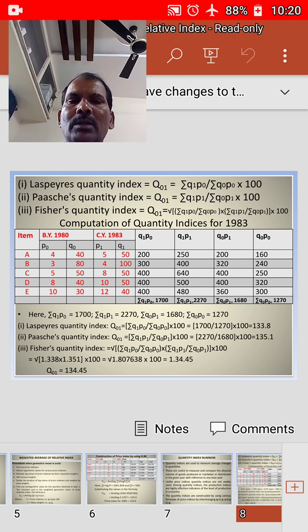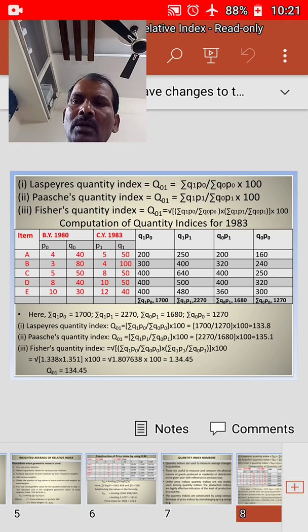Now Q0 P1, that is quantities of base year multiplied with current year prices: 40 into 5 is 200, 80 into 4 is 320, 50 into 8 is 400, 40 into 10 is 400, 30 into 12 is 360.